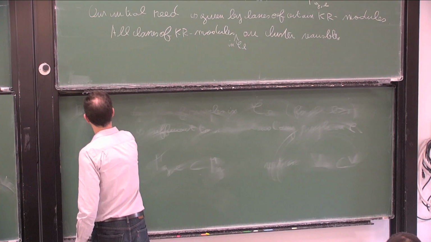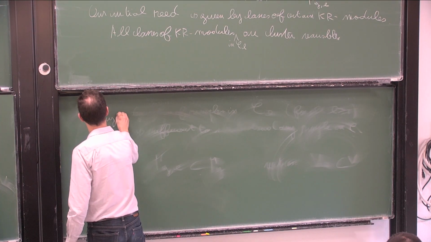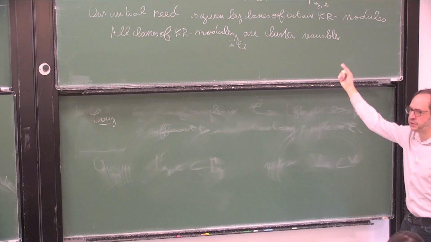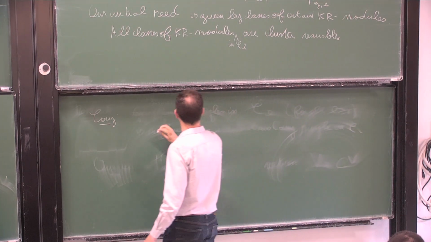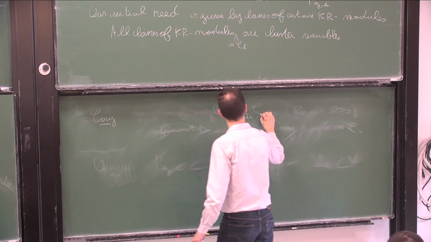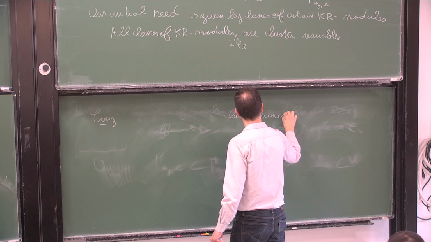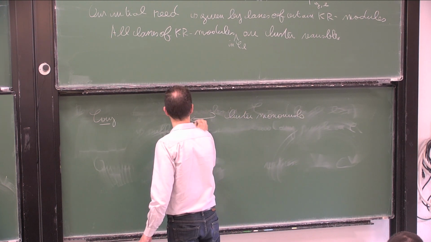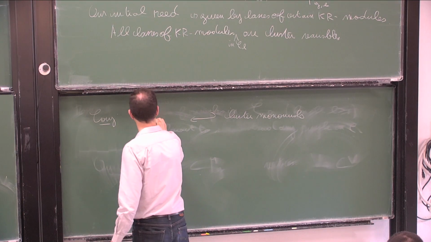So what we conjecture is that in fact this is a monoidal categorification, so that cluster monomials correspond to simple classes.